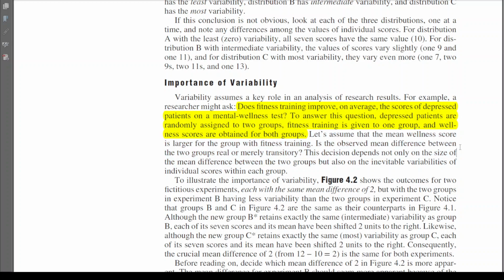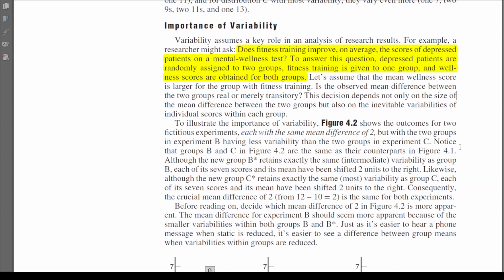This decision depends not only on the size of the mean difference between the two groups, but also on the inevitable variability of individual scores within each group.